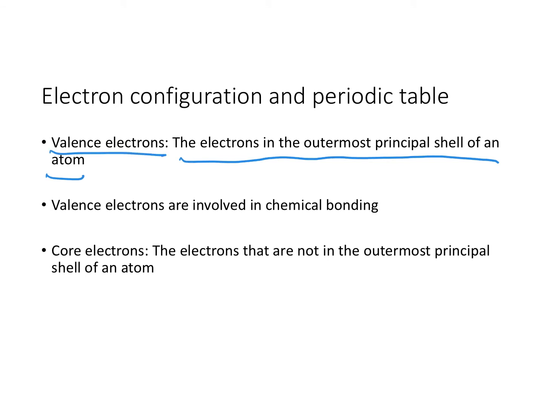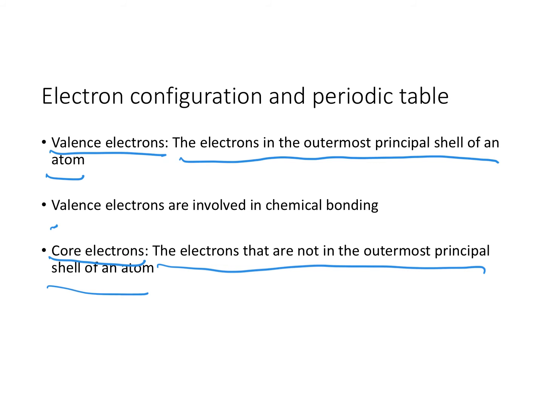So you write the electron configuration, look at the highest number of n that you have, count all the electrons, and that would be your number of valence electrons. Total number of electrons minus valence electrons would be core electrons, or in other words, the electrons that are not in the outermost principal shell of an atom. Any questions?